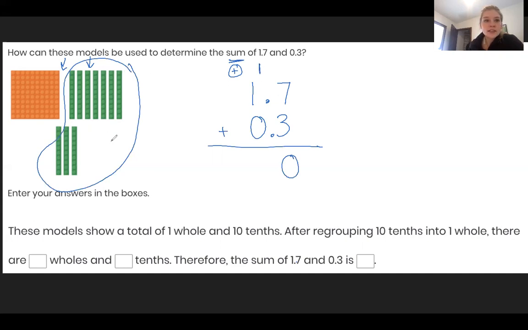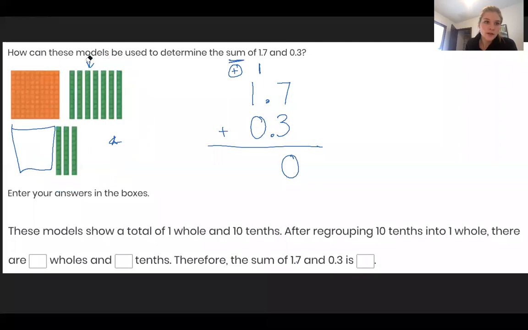So all of these rods over here, since 10 of these rods go into one flat, there's 10 in there. Okay, that would make 1. So I'm just going to draw another flat in here, because if I had my base 10 block mat, I would take my 10 rods and I would exchange them for a flat.